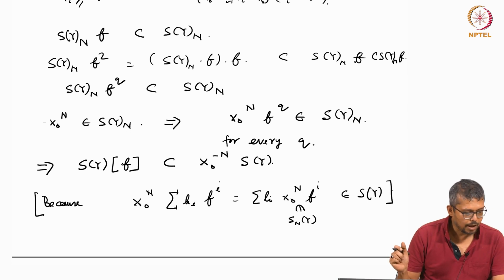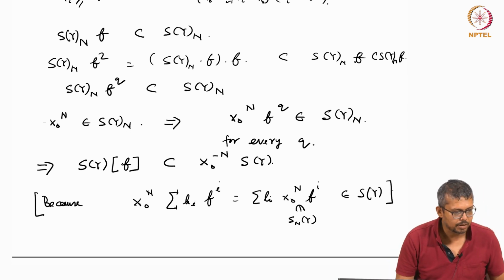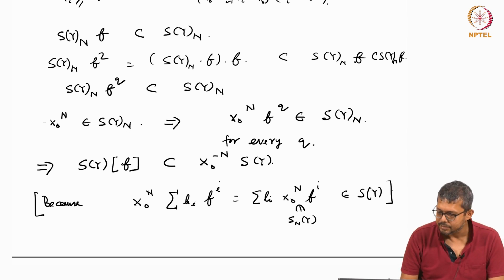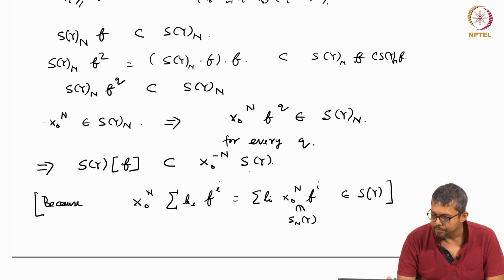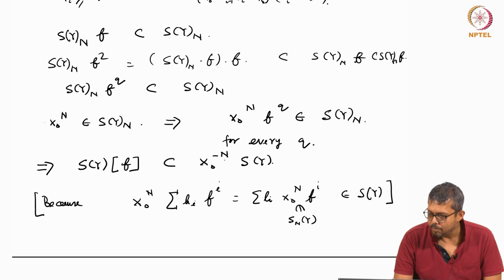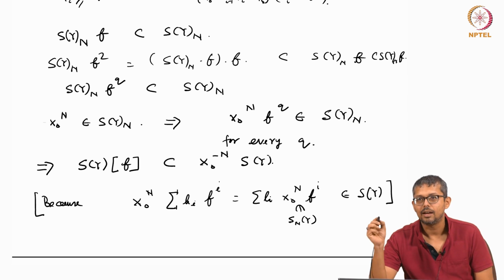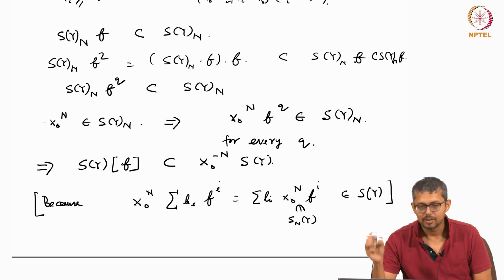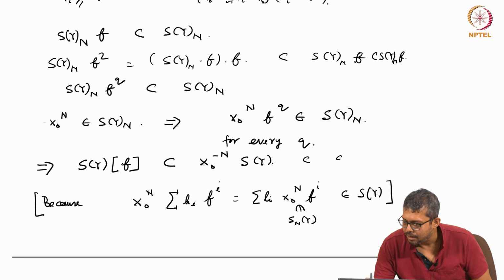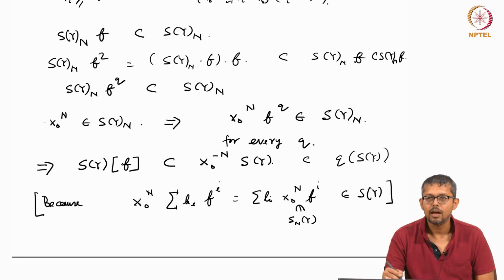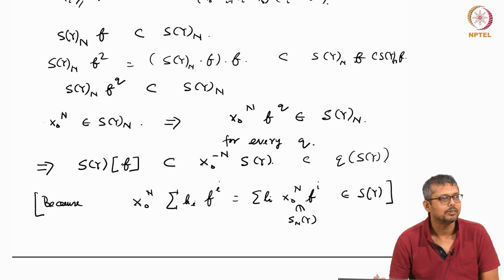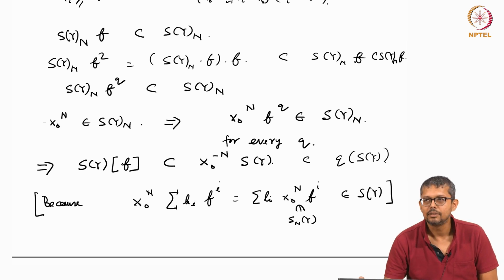Okay, so now something nice is happening. Now x naught minus N S_Y, S_Y is a subring of the big quotient field. So I can think of this as being in the quotient field of S_Y. Here I am inverting x naught power minus N, so this is an element here.